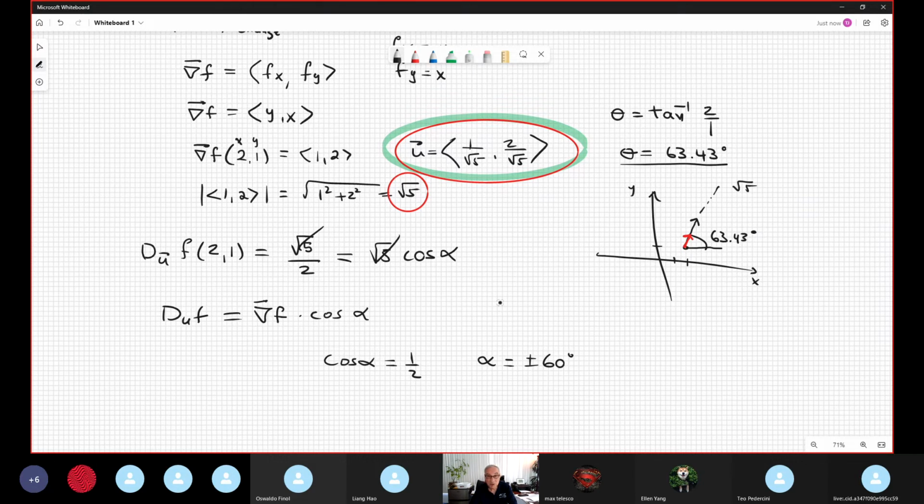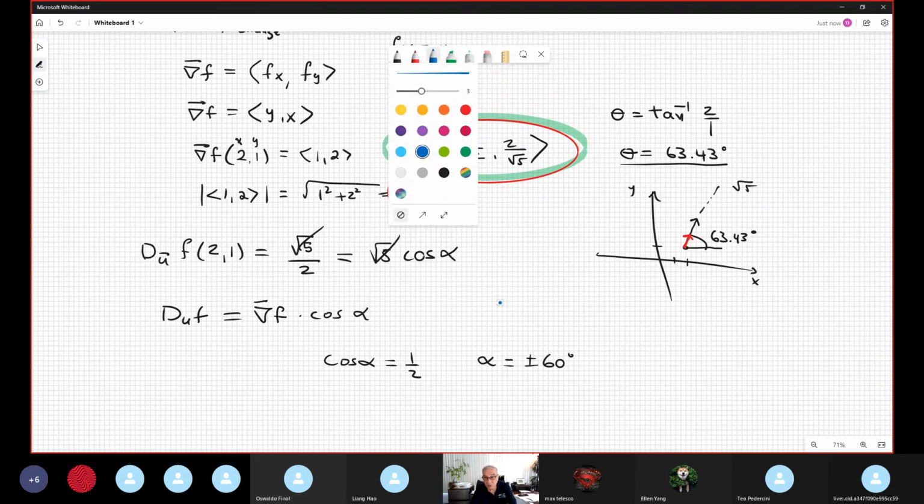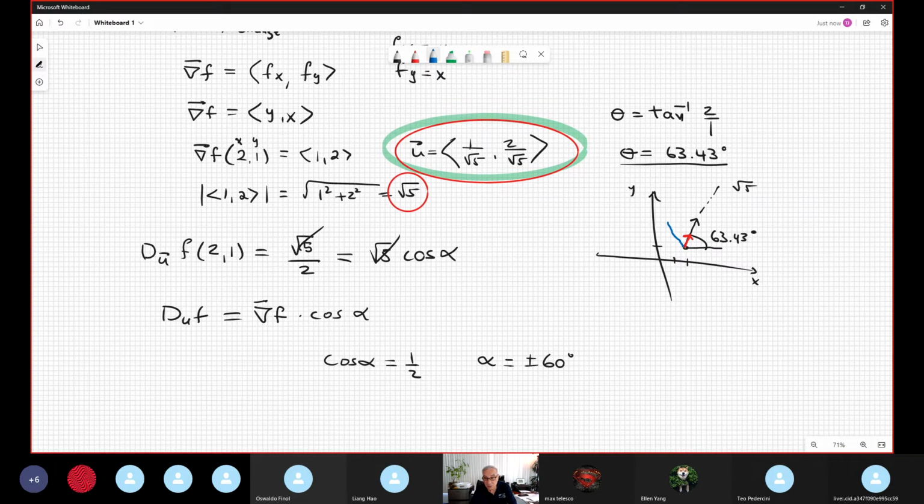When you travel, let me use another color, maybe blue, in this direction or in this direction, this direction is 60 degrees from the gradient, or minus 60 degrees. So the direction from the gradient is 60 plus or 60 minus.